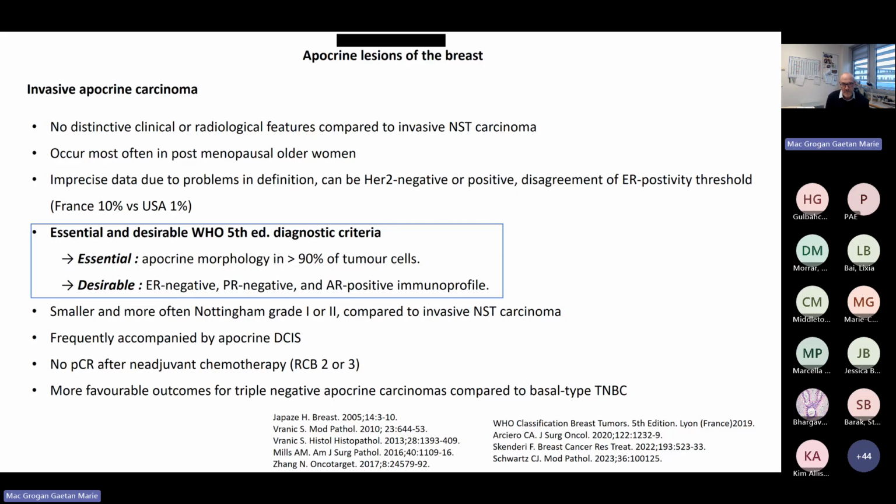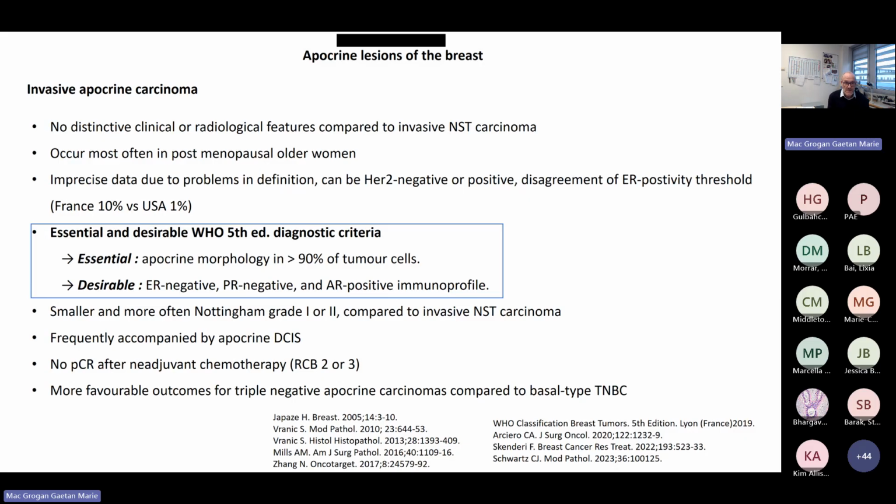It's essential that the tumor cells have apocrine morphology in more than 90% of the population. And as a desirable criterion, the tumor cells must be ER negative, PR negative, and androgen receptor positive. These tumors are smaller and more often Nottingham grade 1 or 2 compared to invasive carcinoma NST, and they are frequently associated with apocrine DCIS.